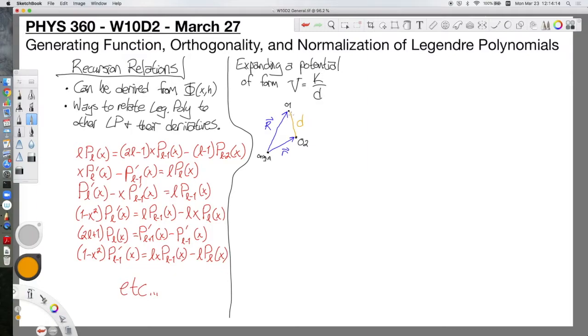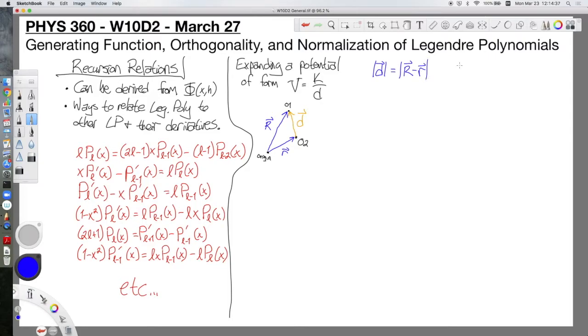And that will mean we can define d as a vector, and if we want to know the value of d, because we're going to need it for this equation, d's magnitude is going to be equal to the magnitude of big R minus little r.